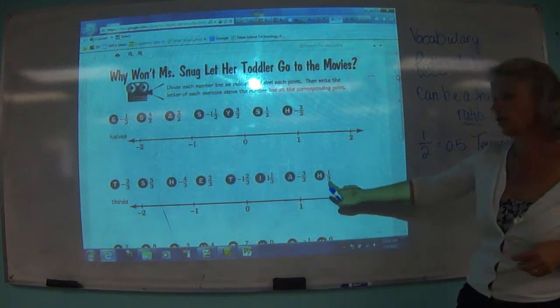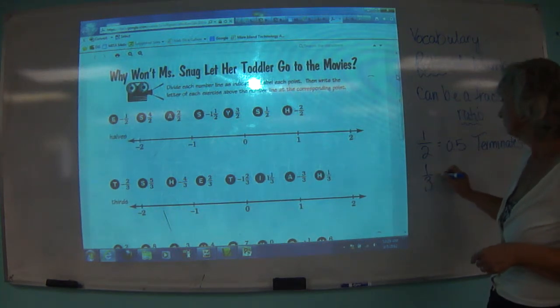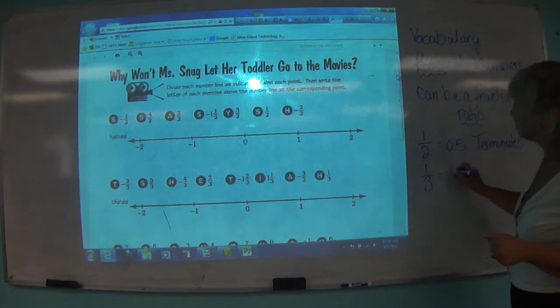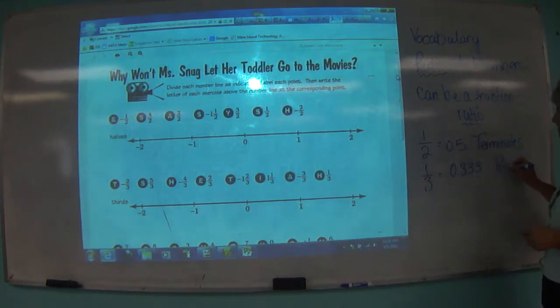For instance, 1/3 is rational. What does it do? It repeats. 0.333 and so on, it repeats. Rational decimals either terminate or repeat.